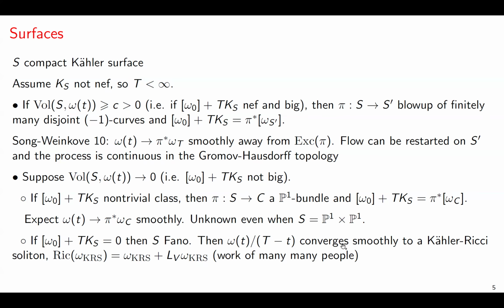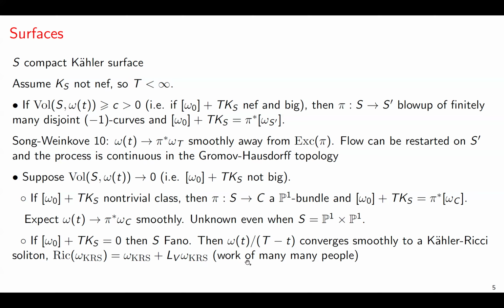And this one converges smoothly to a Kähler-Ricci soliton, which is a generalization of the Einstein equation where the Ricci is equal to the metric plus the Lie derivative of the metric with respect to a holomorphic vector field. So this is a solution of the Ricci flow. I mean, the limit is a solution of the Ricci flow. You can think of it as a solution of the Ricci flow, which would move only by holomorphisms, pulling back the metric by holomorphism and shrinking.